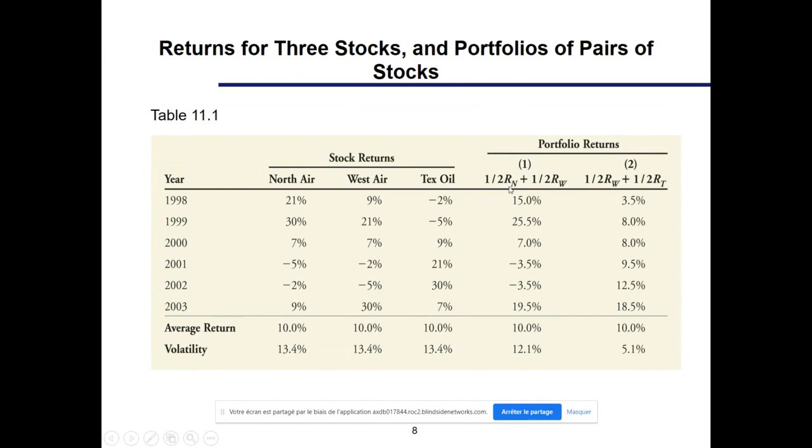Even more interestingly, look at portfolio number two: the average return remained 10%. However, the volatility goes down to 5.1% when I combine West Air and Tex oil in my basket, where West Air and Tex oil have negative correlation.